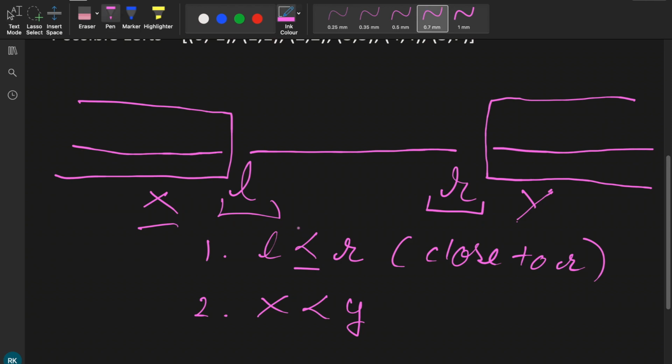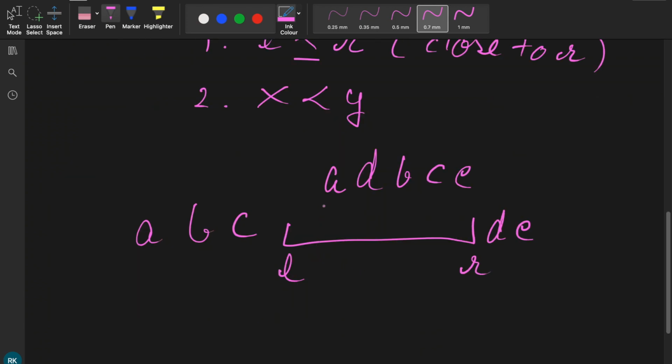Why should they not overlap? Because then we are counting a character in S twice. To explain with an example, let's assume we have an S string as A, B, C, E. This is the L and R pointer, this is the string to the left of the L pointer, and this is the string to the right of the R pointer.